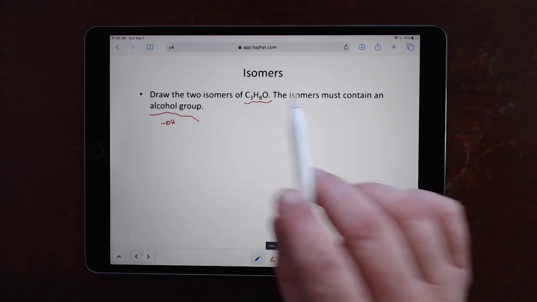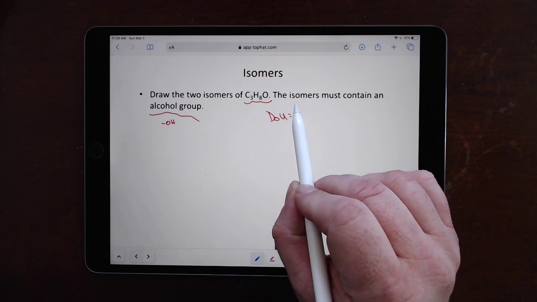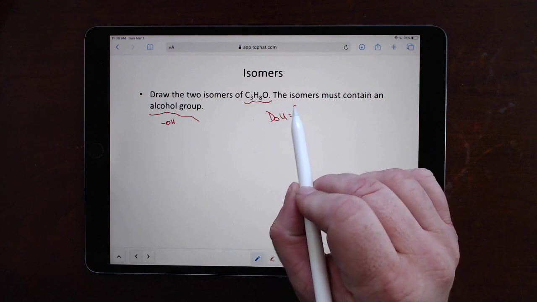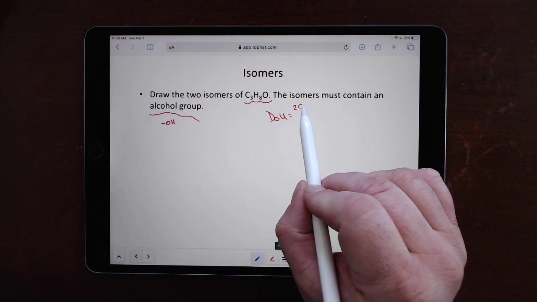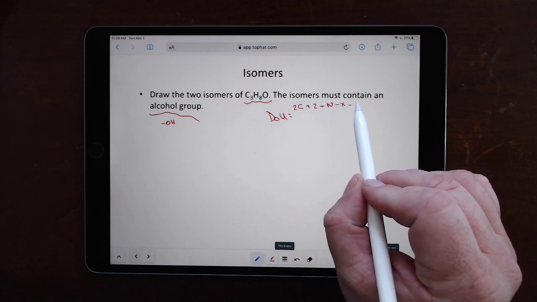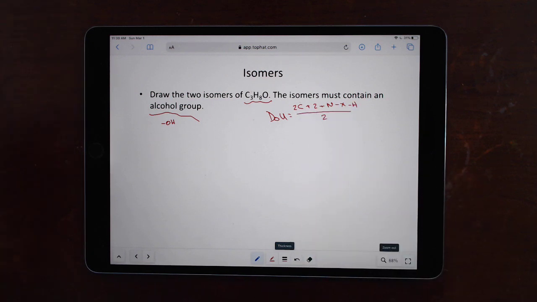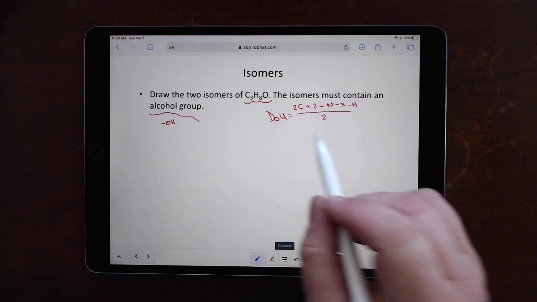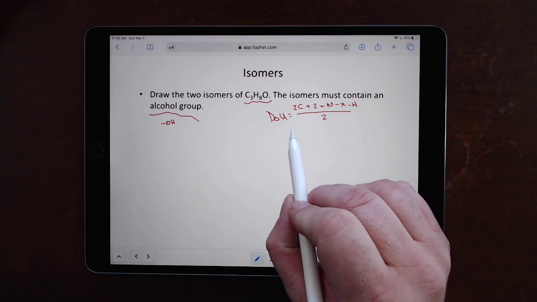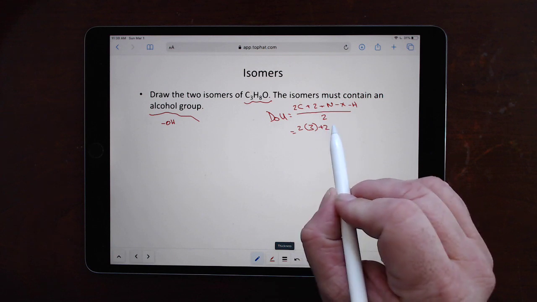For this one, the first thing you may want to do is a quick DOU calculation. It's 2C plus 2 plus nitrogens minus X minus H, all divided by 2. This lets you know if there are any rings or double bonds. For this molecule, 2 times the number of carbons, so 3, plus 2.